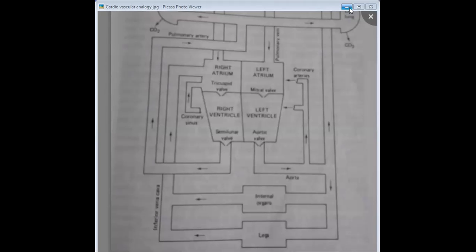Okay, and when the atrium contracts, the pressure in the left atrium increases and it opens the mitral valve.